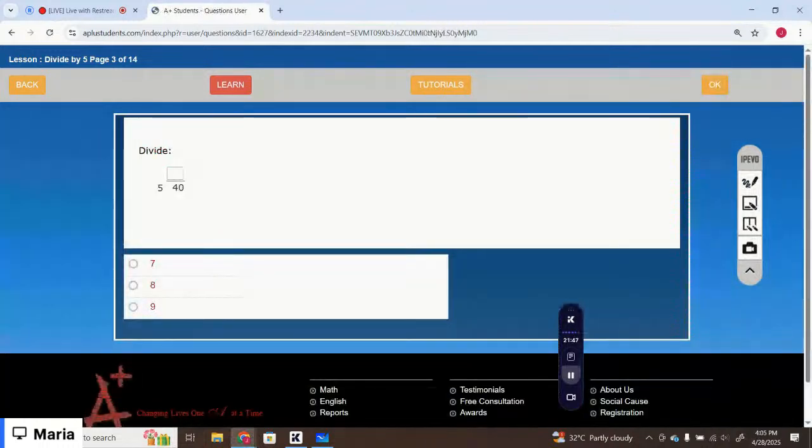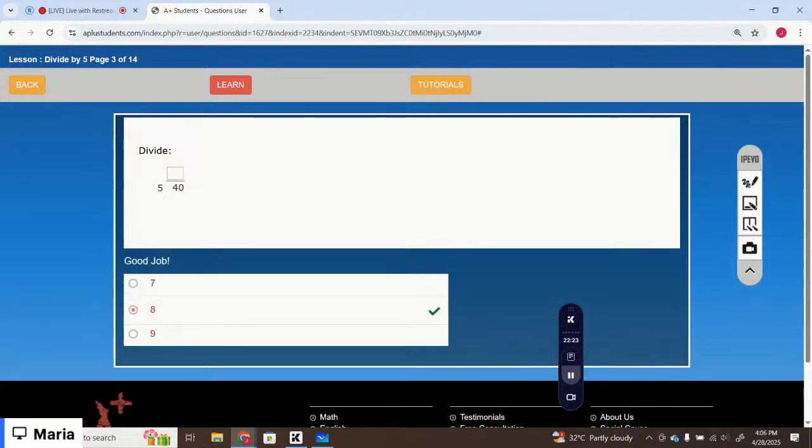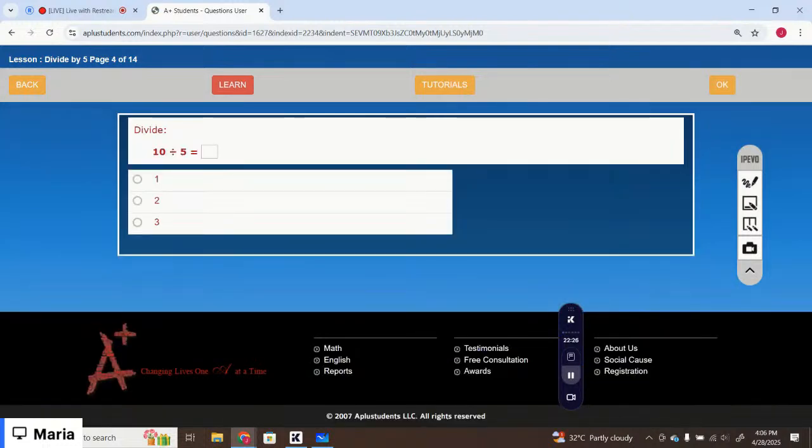40 divided by 5, which is the correct option? 5 times what number is 40? Forty divided by 5 is 8. 5 times 8 is 40. Very good. 10 divided by 5. So which is the correct option?